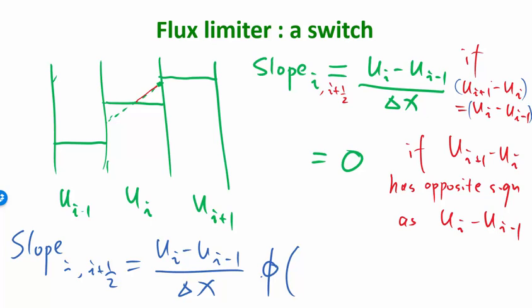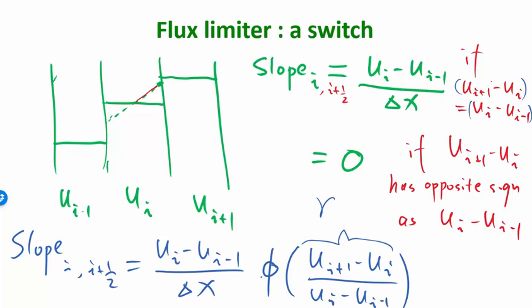All right, it's going to depend on the ratio of (u_{i+1} minus u_i) over (u_i minus u_{i-1}). And do we see why phi should depend on that ratio? Exactly. If you define this value as, let's just call it r, r_i for short, right?